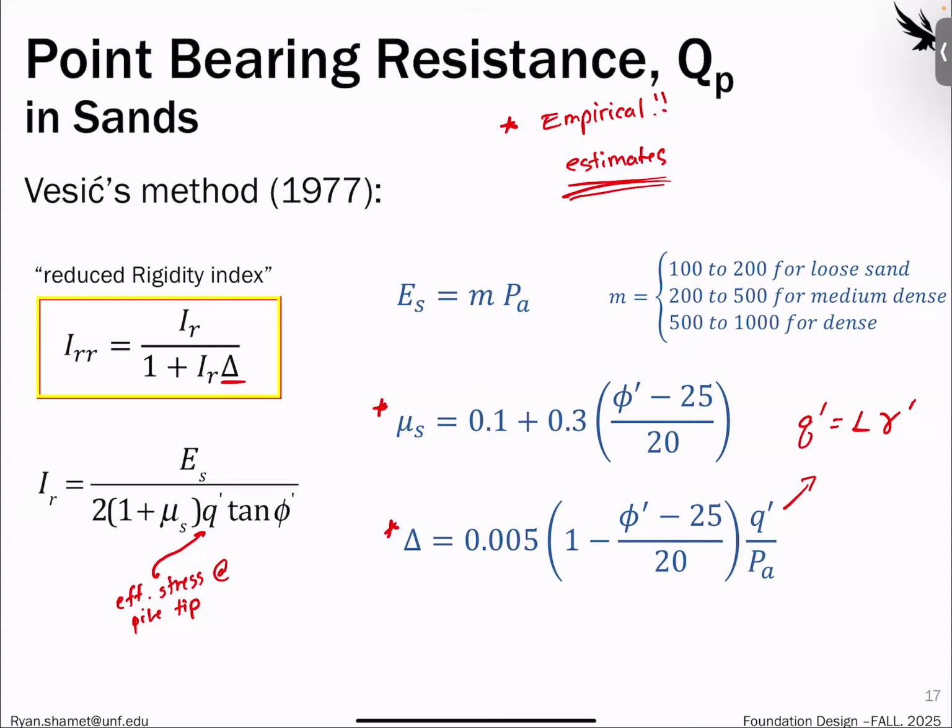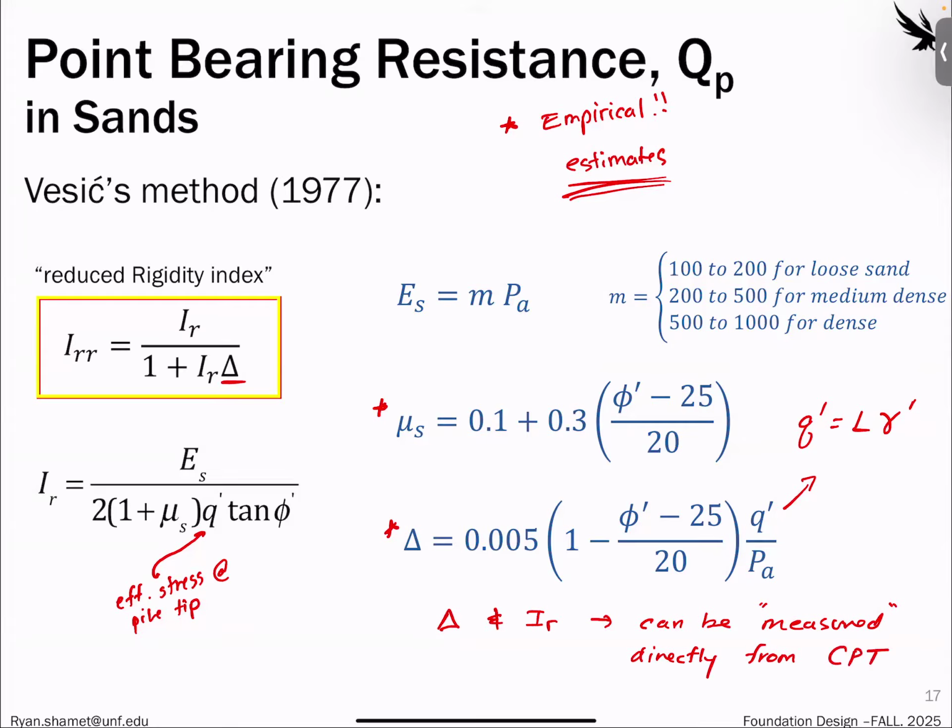Now, the cool thing with this is this delta and the IR can actually be measured of the soil. I'm going to put it in parentheses because it's more like correlated from the cone penetration test.